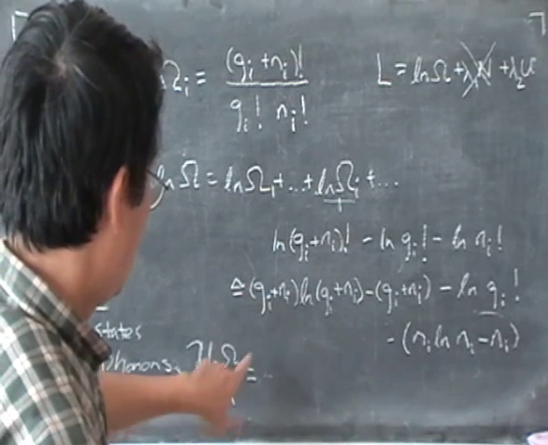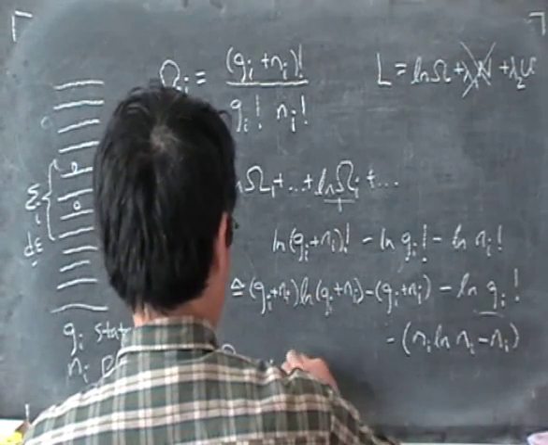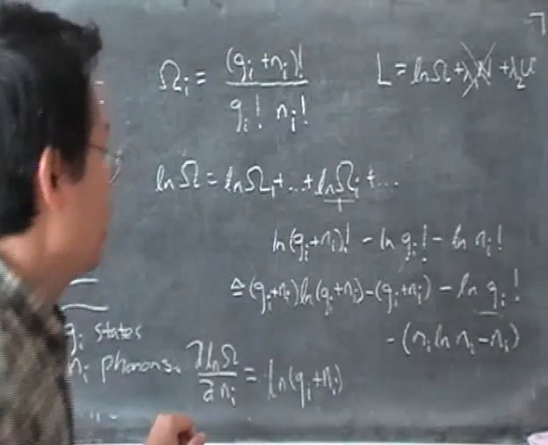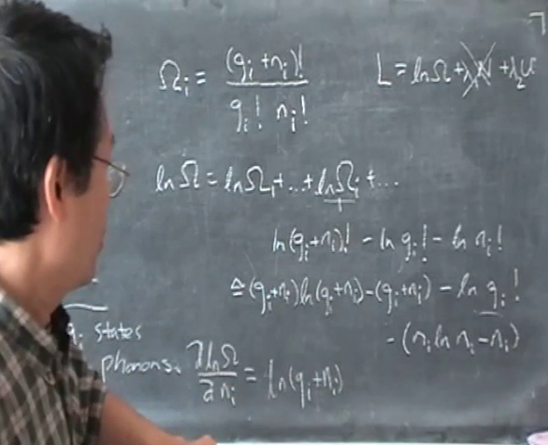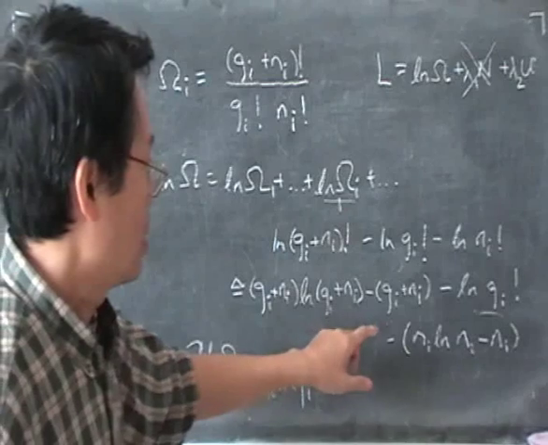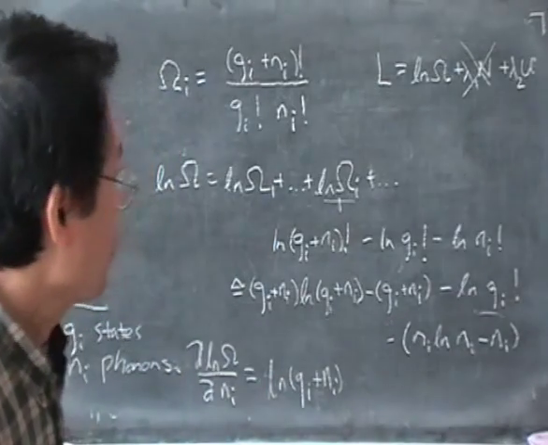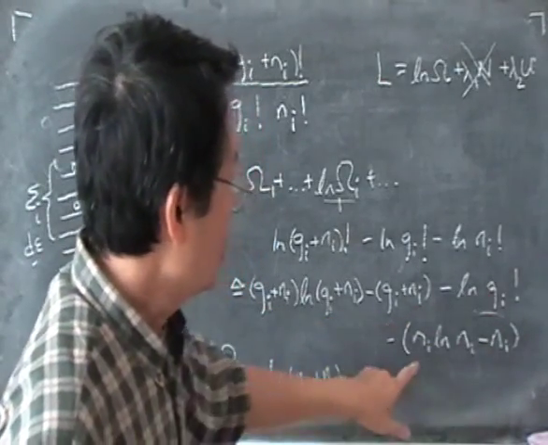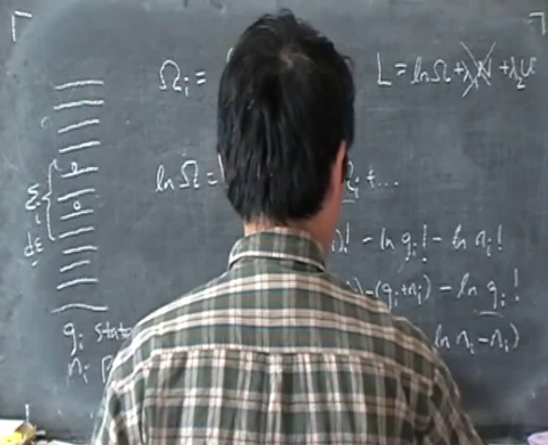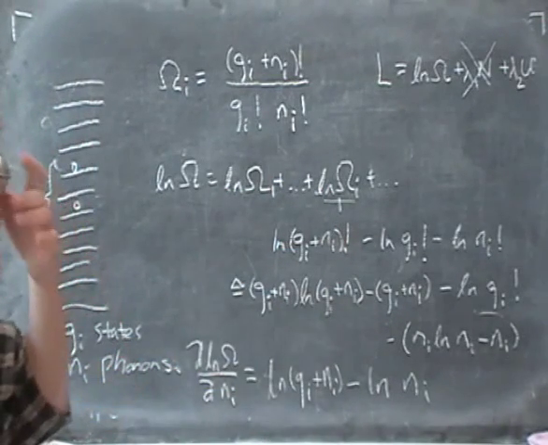So if I differentiate this, it would give just 1, and I have log gi plus ni. Alright, and when I differentiate the log, the result would multiply by this to give a 1. When I differentiate that, it will give a 1. So the other parts of this differentiation cancel. Now that's a constant, so it differentiates to 0. And that we have done a few times already. So I'm just going to write down the answer. It will be log of ni. So it becomes a lot simpler than the first expression. So this is what it looks like.